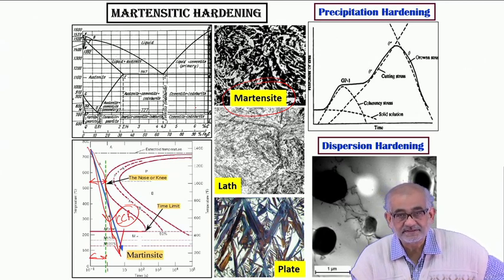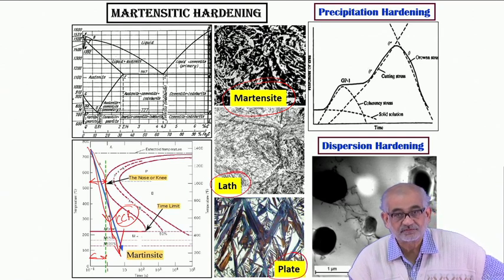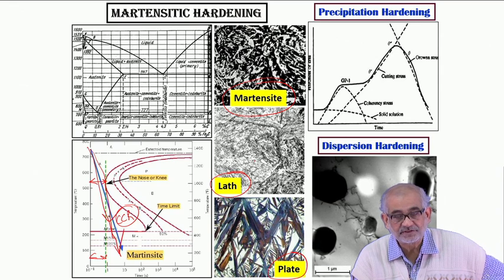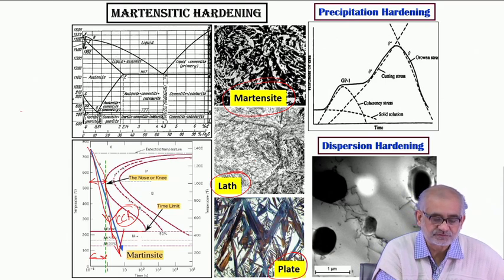And martensite can appear either in lath morphology or in acicular or plate morphology. So, this is the typical microstructure that we aim to achieve on the surface. But we are also aware that the carbon content and cooling rate both decrease as we go from the surface to the core.